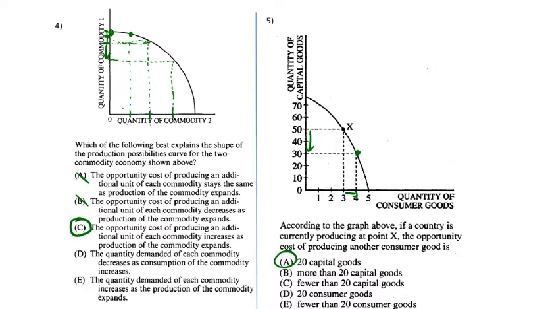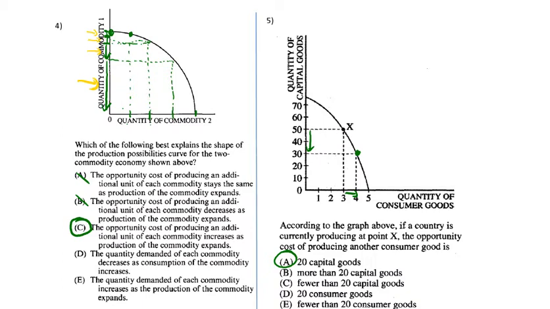Well, look how much it costs me in commodity 1. This is what we're talking about, increasing opportunity costs. A little bit, a little more, a little more, a little more. The more I increase in this, the faster and faster I have to give up on the other good. And you'll find that the reverse is true also.